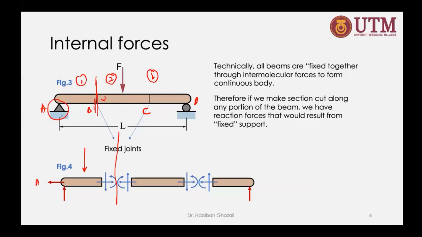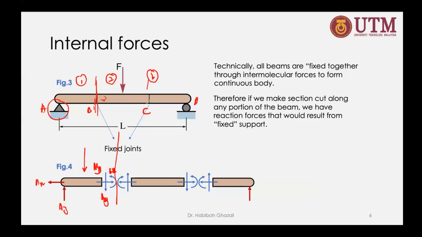So if I draw the free body diagram of that, there will be AX, AY, and BX, BY, and also a moment to resist that motion. The same with the others as well.